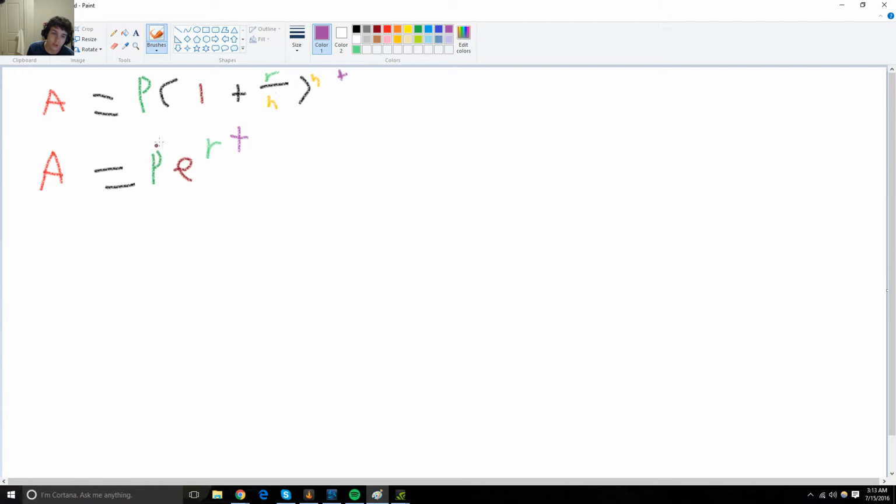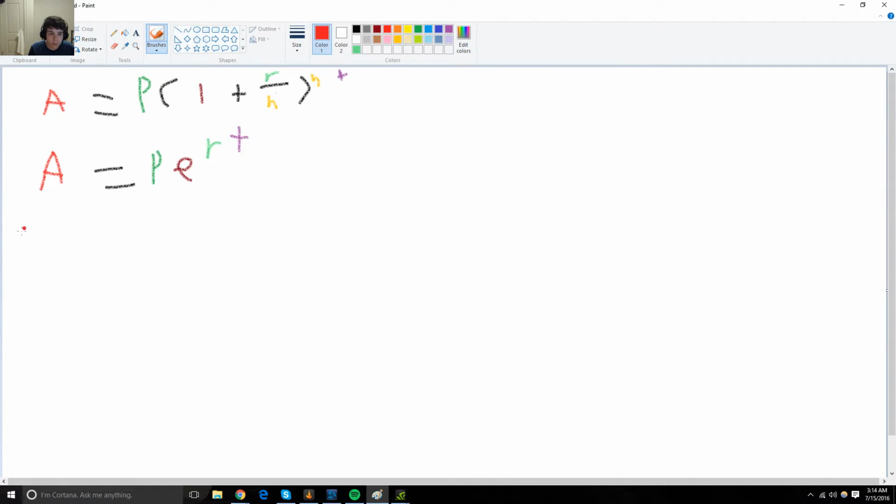So this one is the initial value times e to the rate times time. So you just have to pick. If it says compounded continuously, use this one. If it says compounded yearly, quarterly, monthly, something like that, use the top one. Continuously, use this bottom one. In this case, it's continuously.